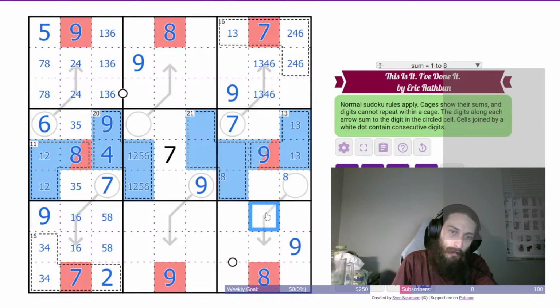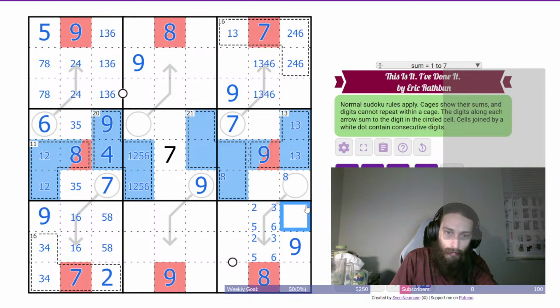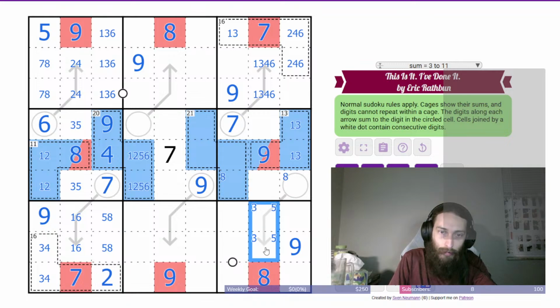So can this be 8? 8 and 9, 4 and 7 and 1. 2, 6, 3, 5. I don't. Well, we know that it has to have a 1 or a 3 on it. So if this was an 8, it would have to have a 3. So 2 and 6 make that 3 and 5.